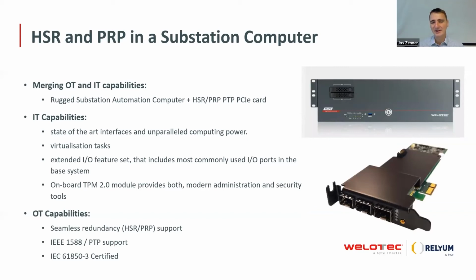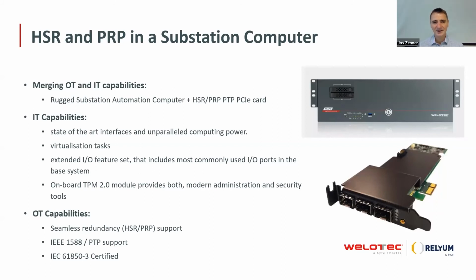On the one hand, you have an IT-driven trend that separates hardware and software and uses virtualization or applications on a server, including HMI, substation gateway, and so on, in the station bus, usually connected over PRP to the lower process bus and so on.